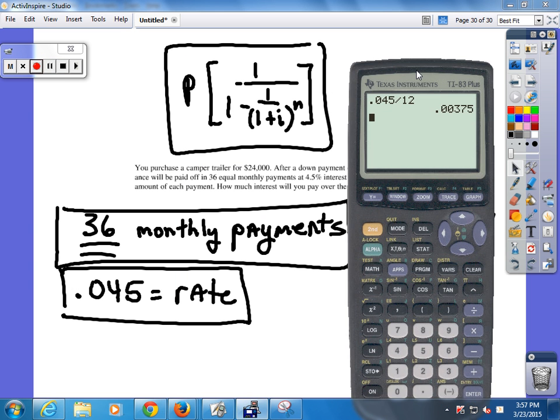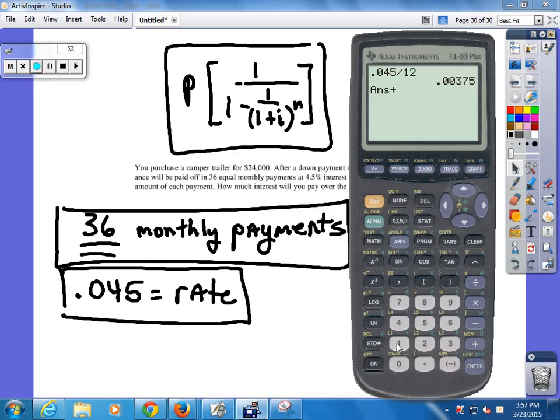Now that's plus 1, raised to the 36 power. And then I'm going to subtract that from 1, minus the inverse answer, and 1 divided by the inverse answer should be positive.